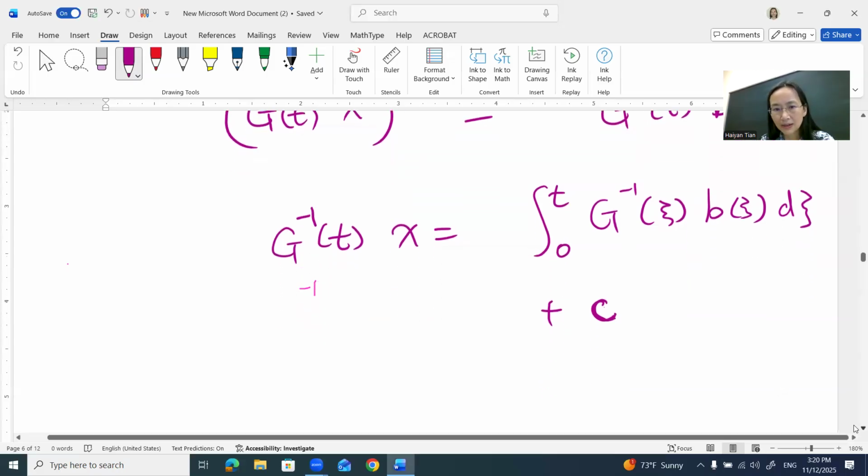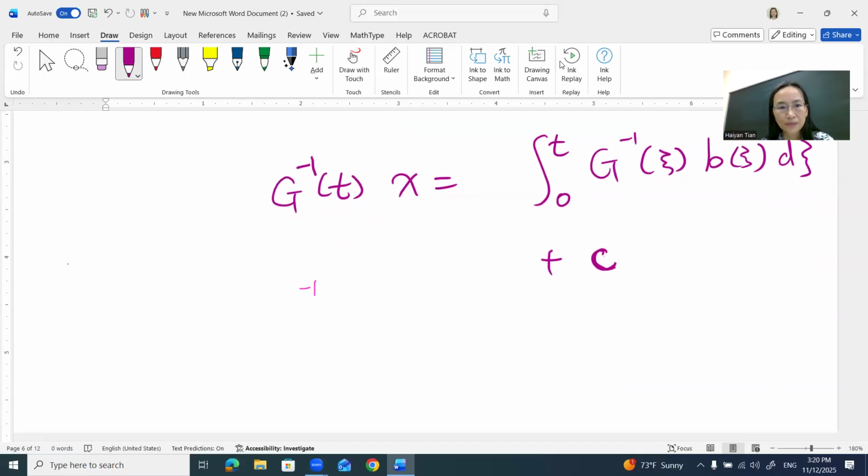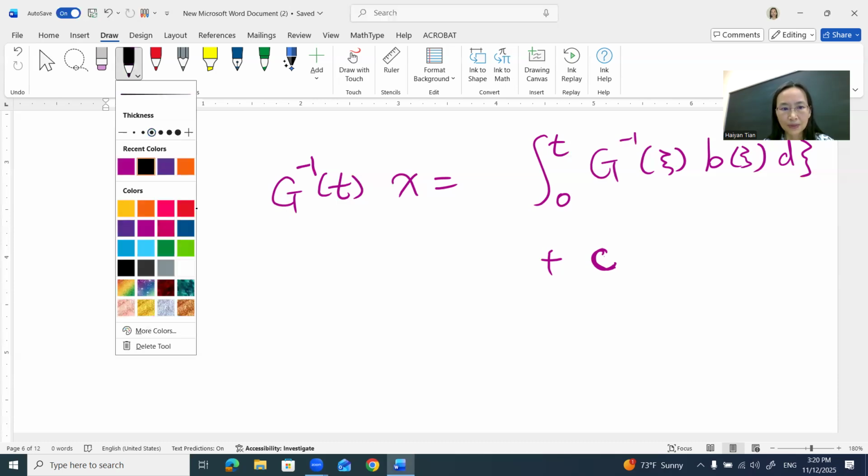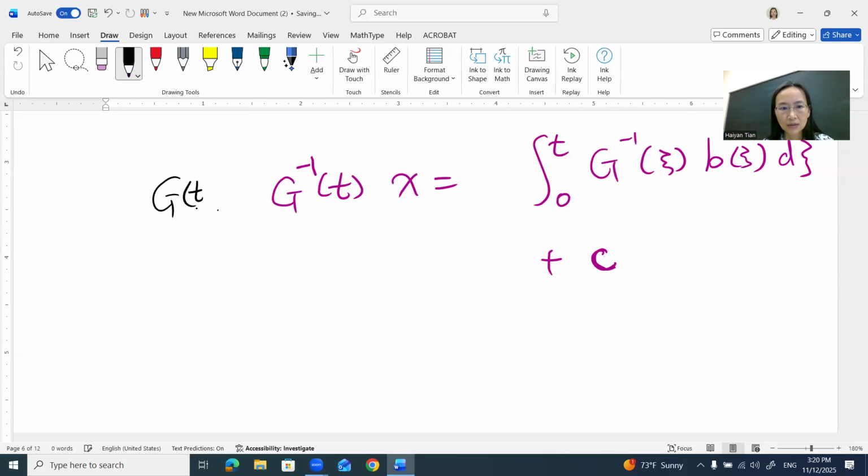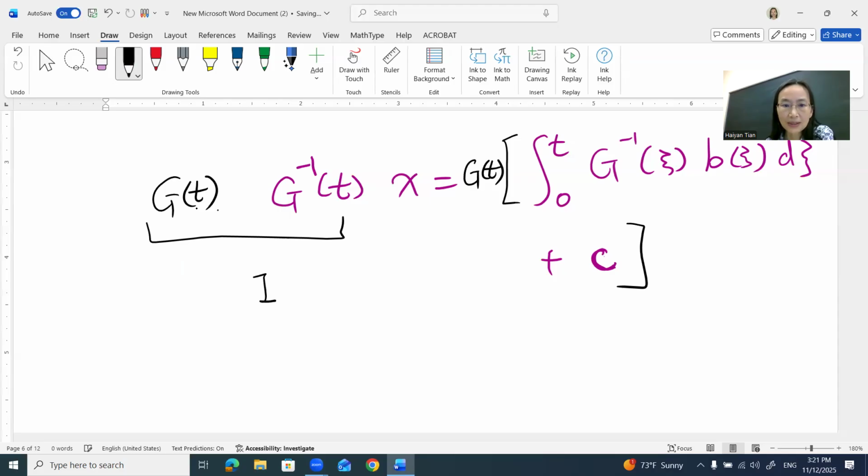We're almost there as long as we multiply both sides of the current form by the fundamental matrix G. Because G times G inverse is the identity matrix, and identity times x is x, we get x.